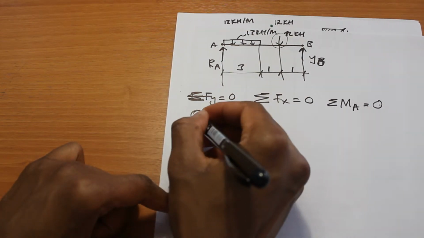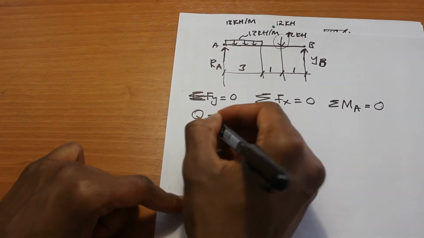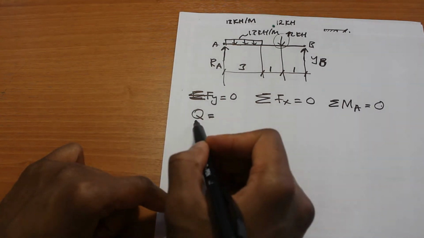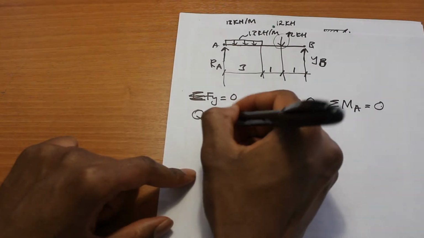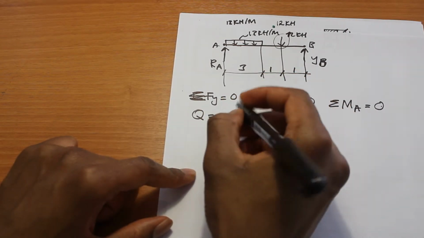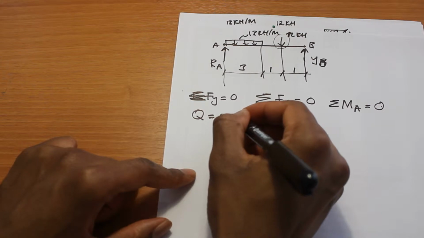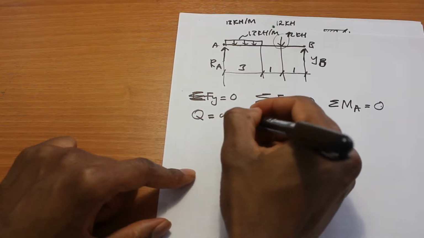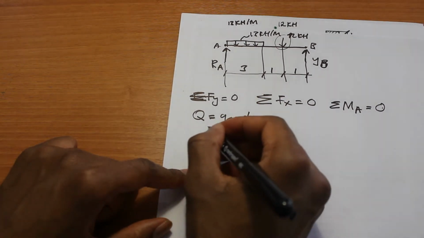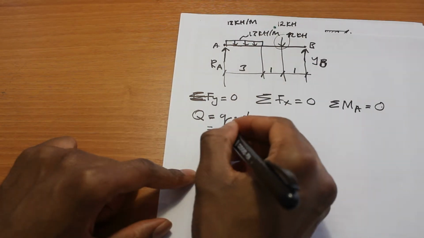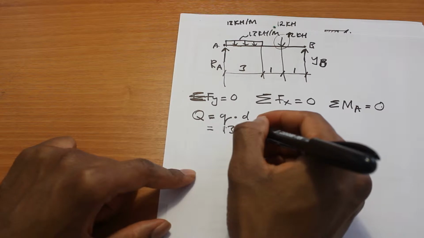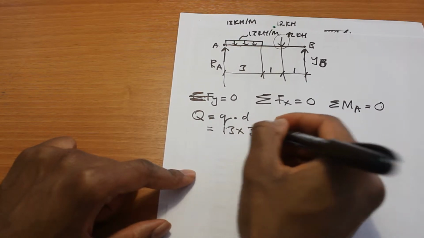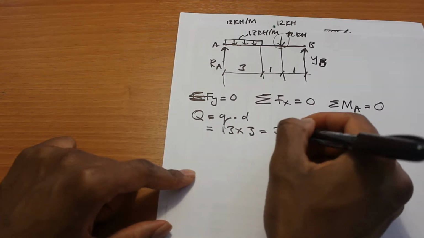We need to calculate this fixed point force, which is represented by a capital letter Q. This is basically the product of the small q times the distance. So in this case, our small q is 13 times the distance that it has, which is 3. This gives us 39 kilonewtons.